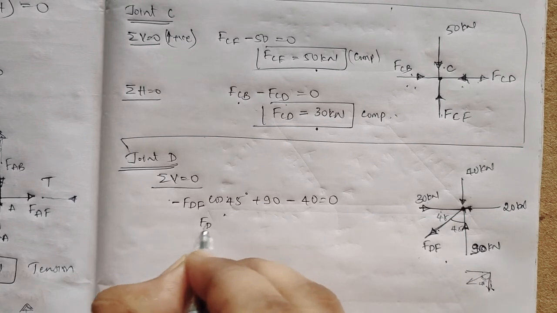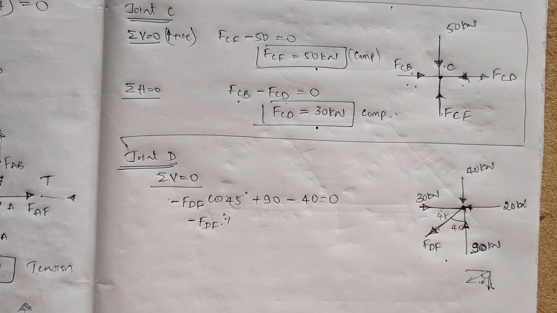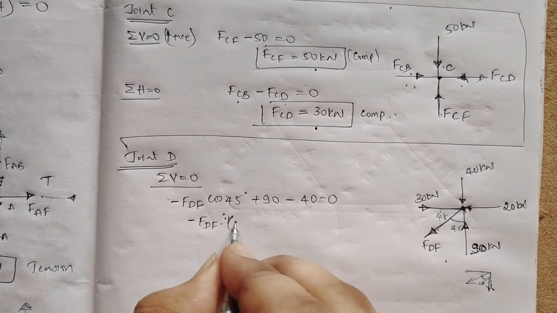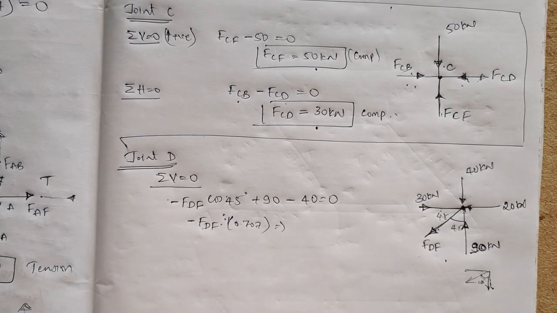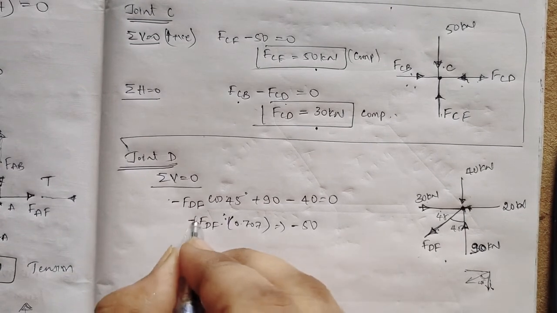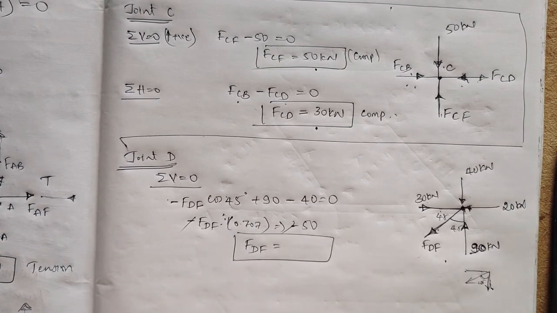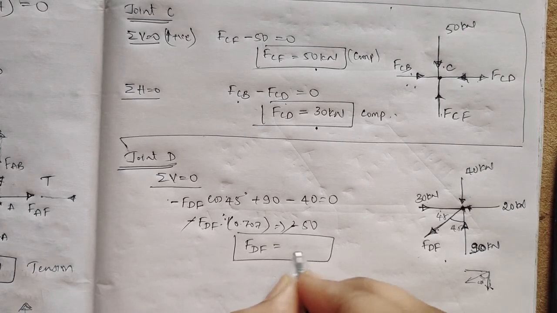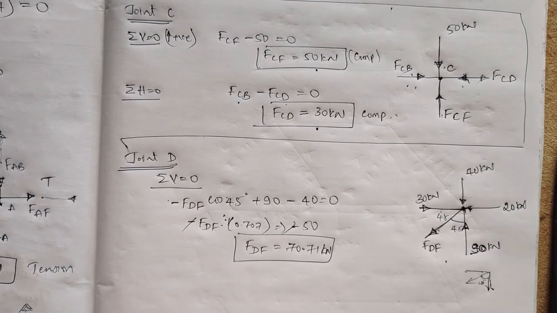So FDF times 1 by root 2, or cos 45 is 0.707, is equal to 90 minus 40, which is minus 50. Minus minus cancels. FDF will be 50 divided by 0.707, that is 70.71 kilonewton.